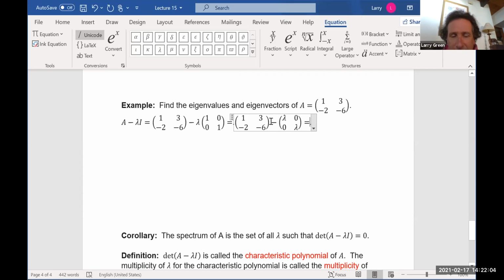Now that is equal to, well, let's just do the subtraction. So that's going to be 1 minus lambda, 3, -2, negative 6 minus lambda.